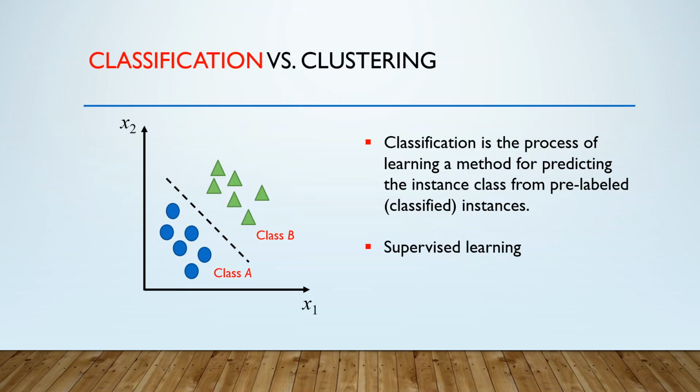Suppose you have two class data, class A and class B, and the attributes calculated from each of the class instances belonging to class A and class B have been mapped onto a 2D surface, where the x-axis values are the x1 attribute and the y-axis values are the x2 attribute. Now the classes have been mapped in the 2D space.